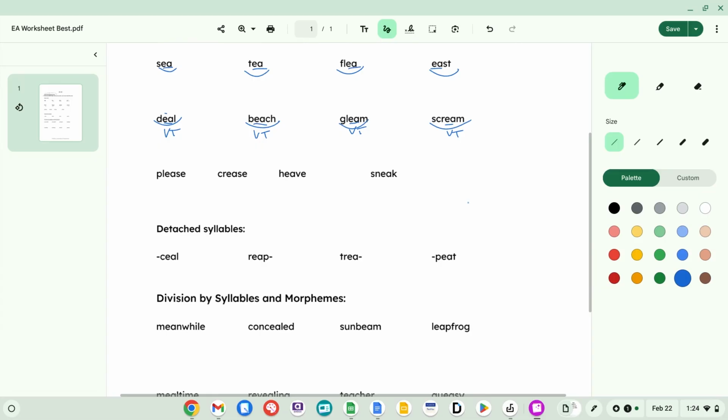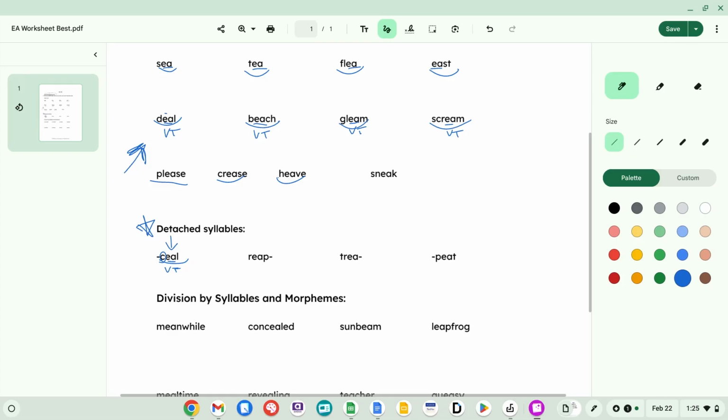If you have a student that memorizes words, in this section up here they might have memorized please or crease or heave. But what is great about this is we have detached syllables. So for this word, you would say E, it's a vowel team. This would be seal, because that C says S when it's next to an E, I or Y. So this is a detached syllable, like in the word conceal.